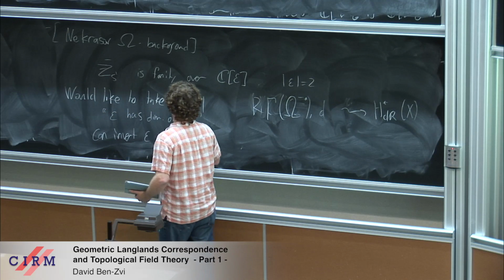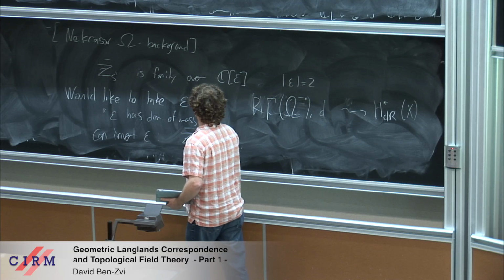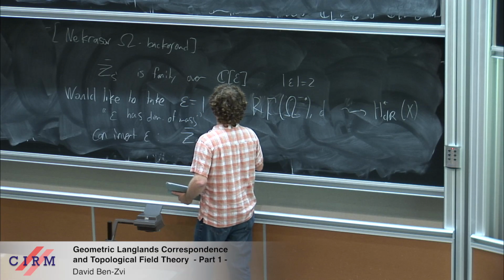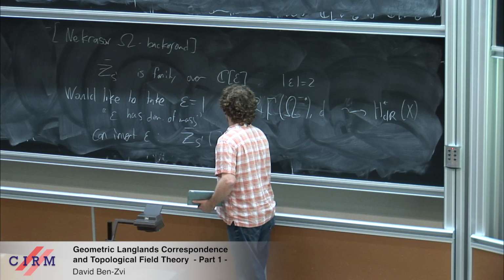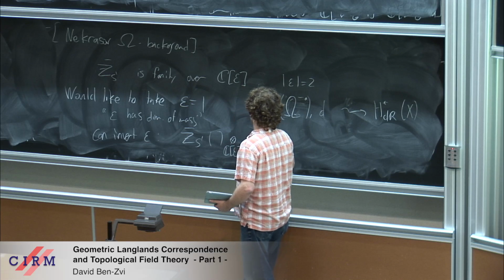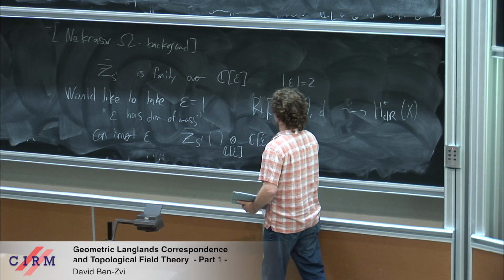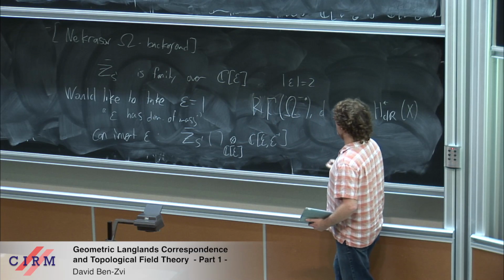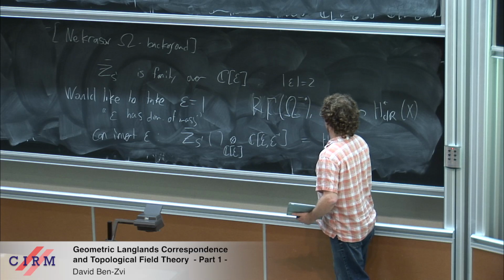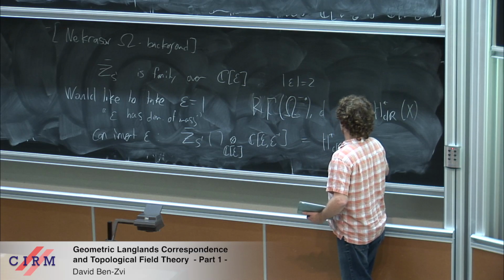So we can take this reduced theory and tensor it with polynomials in epsilon inverse. We can localize at epsilon. And then what we're going to get is indeed the de Rham cohomology of my variety.